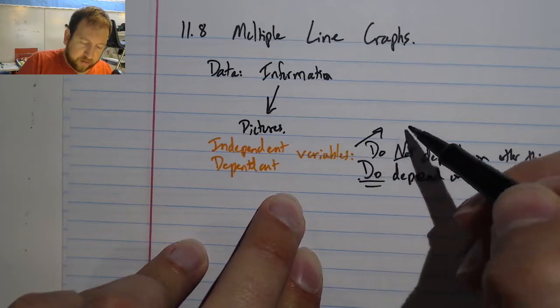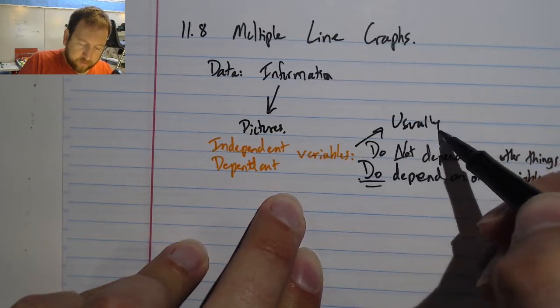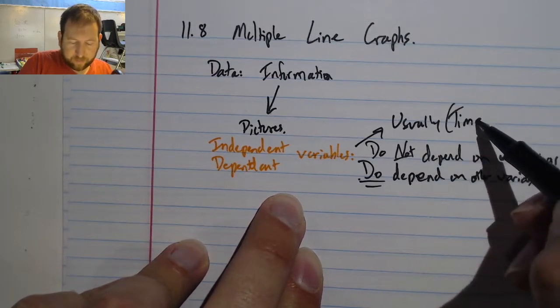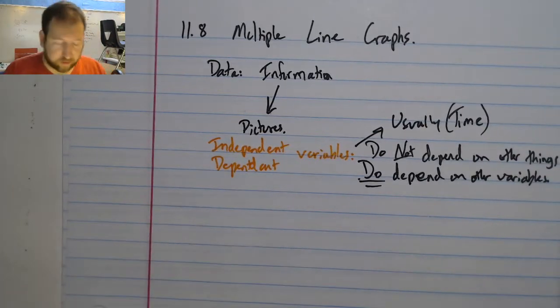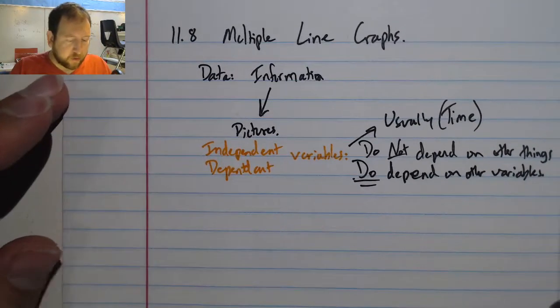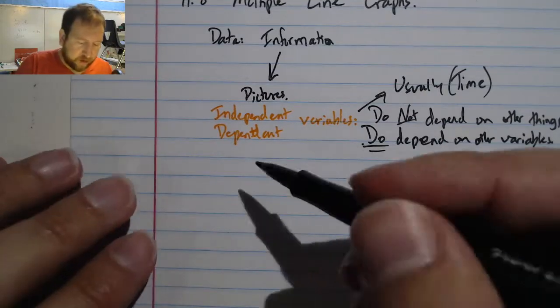This one is usually time. Not always, but usually. And we're going to be putting multiple line graphs on a single one.